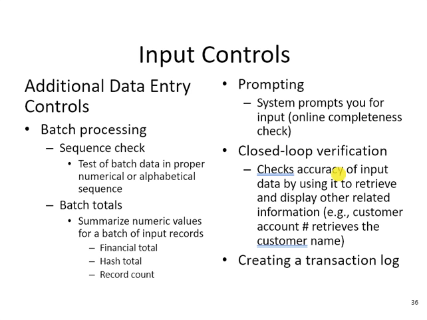It's going to check the accuracy of input data by using it to retrieve and display other related information. For example, when you input your home address when you order online, the system very likely is going to check your home address, and they're going to retrieve your home address from their database.